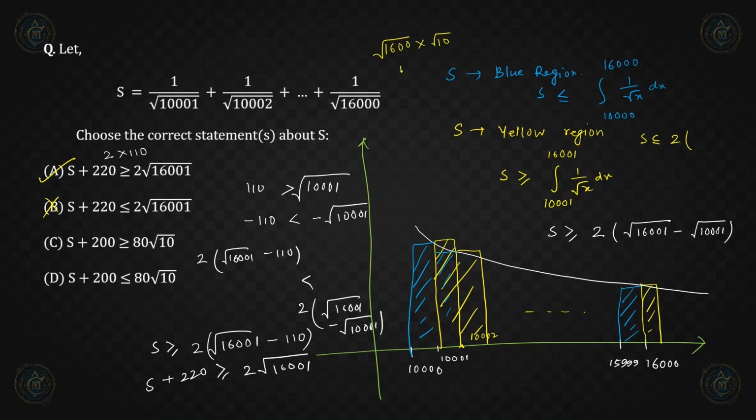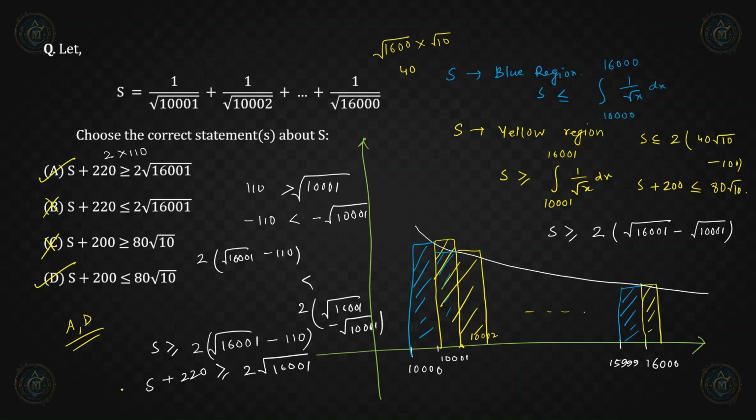That means this is 40. So 40 root 10 minus 100. That means S plus 200 is clearly less than or equal to 80 root 10. So which option will be correct? S plus 200 is less than or equal to this thing. That means option C is wrong and options A and D are the correct options for this problem.